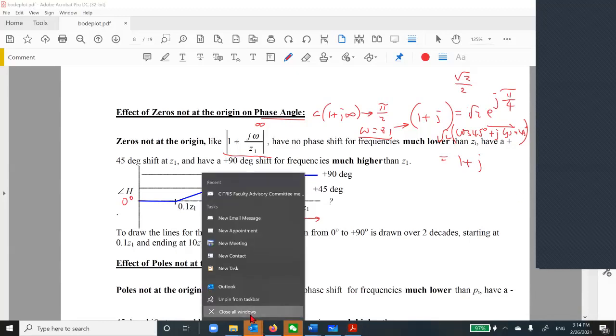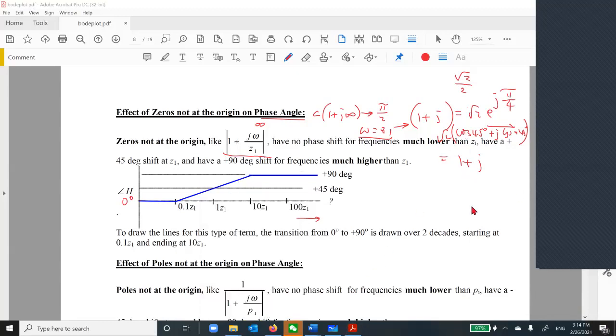So basically when omega is z1, my angle is 45 degrees. So this is my 45.